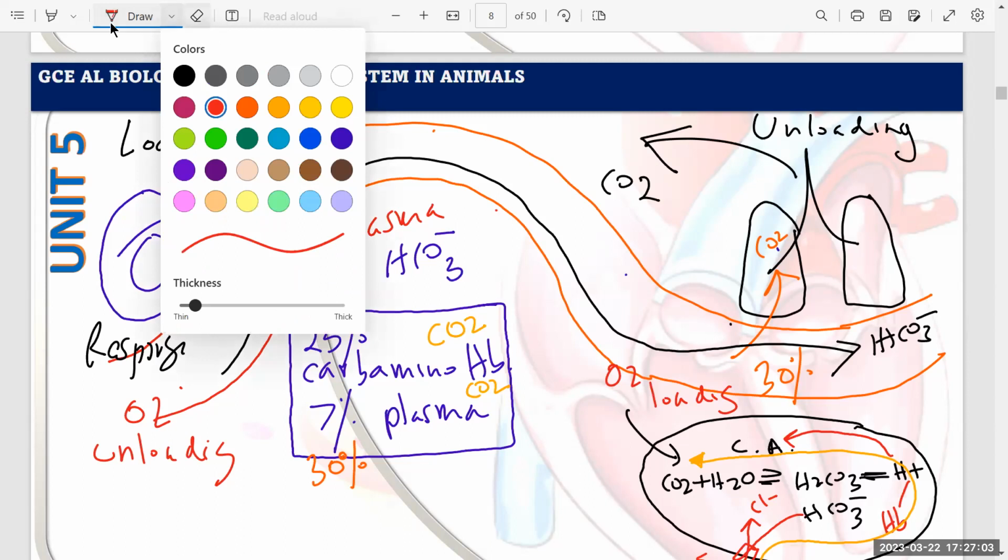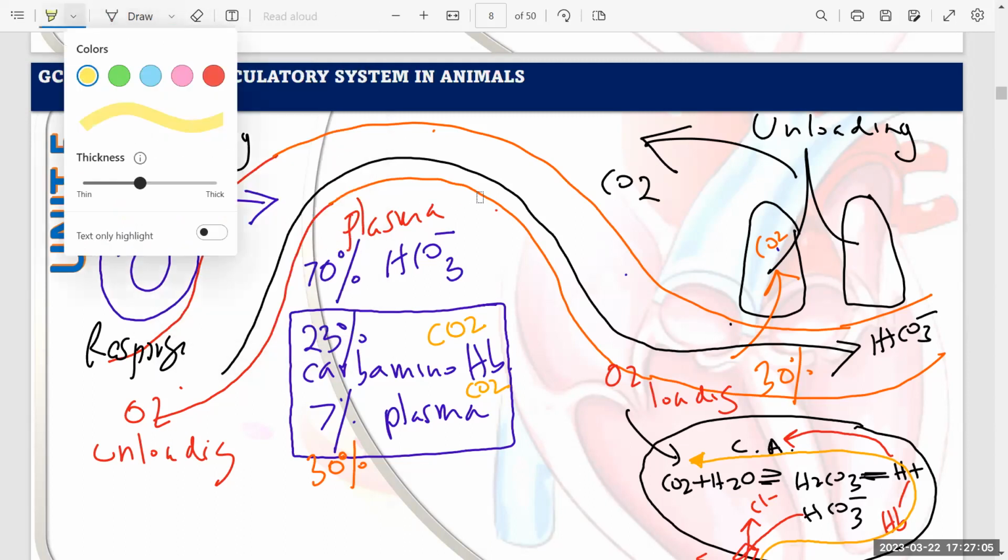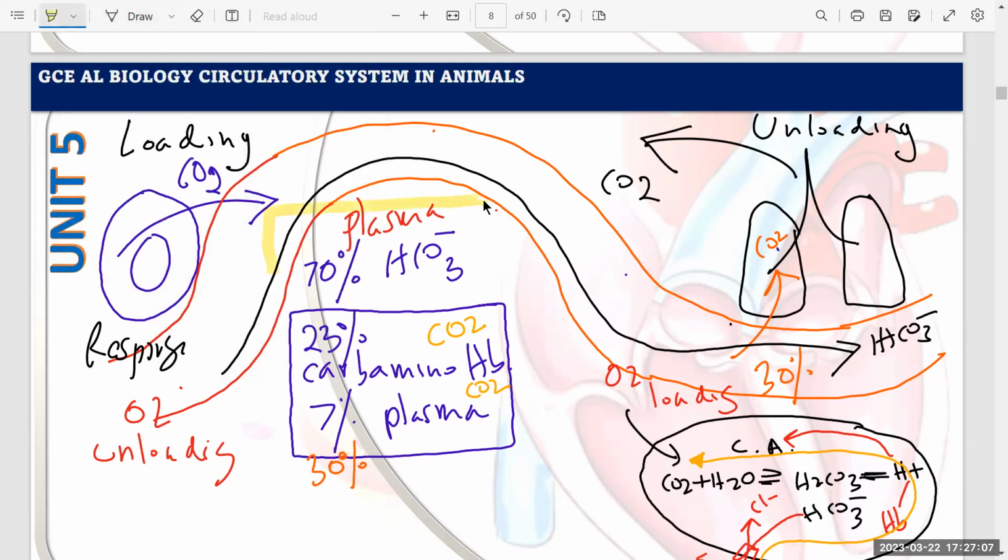Just to highlight the most important things to remember, it is best that we remember these numbers percentage-wise, the amount of carbon dioxide transport. And especially this reaction with the enzyme is very important to understand.